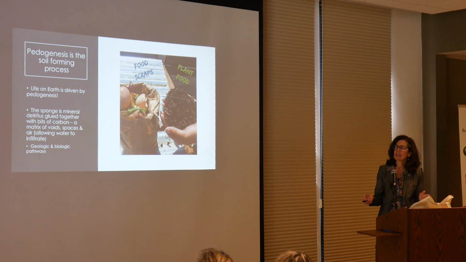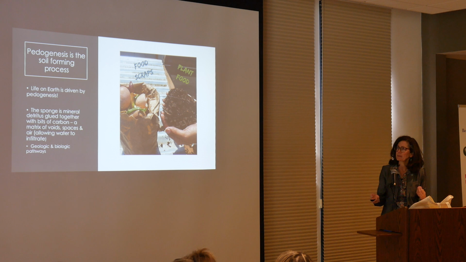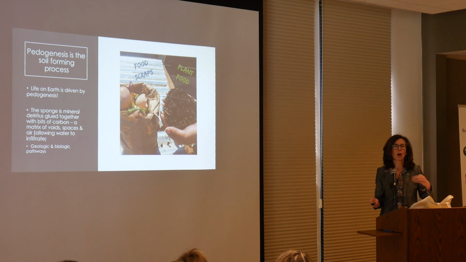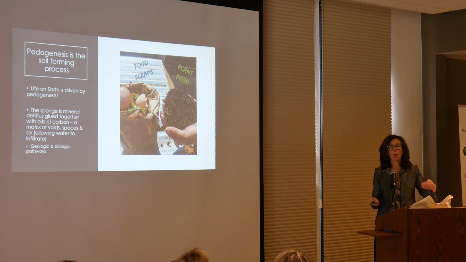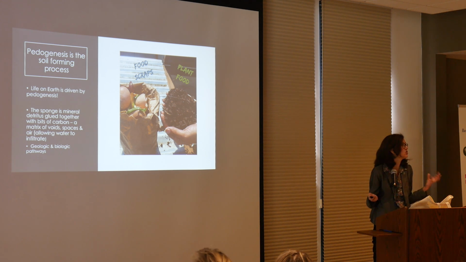So pedogenesis is kind of a fancy word for the formation of soil. And this is what makes our planet what it is. We're the only planet with this living soil ecosystem. And when that living soil ecosystem is functioning properly, it's like a giant sponge, okay?